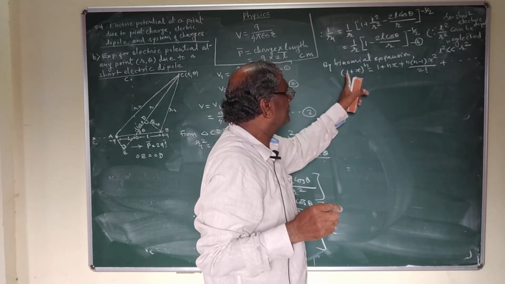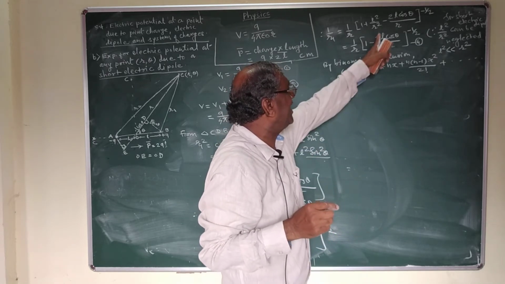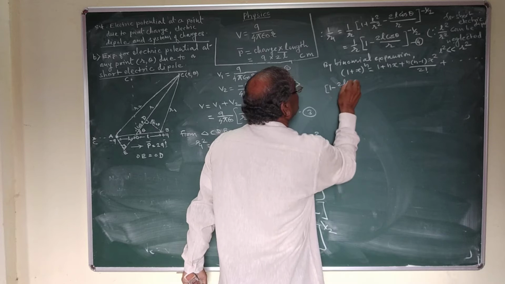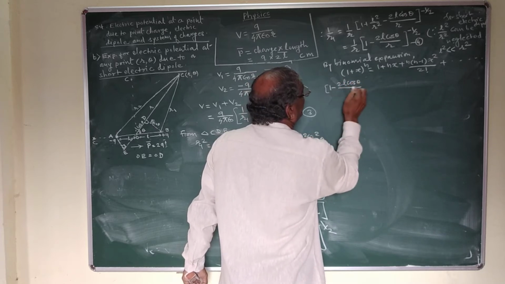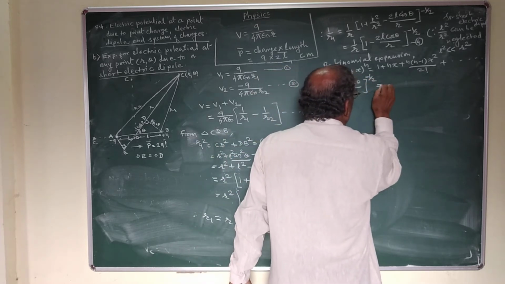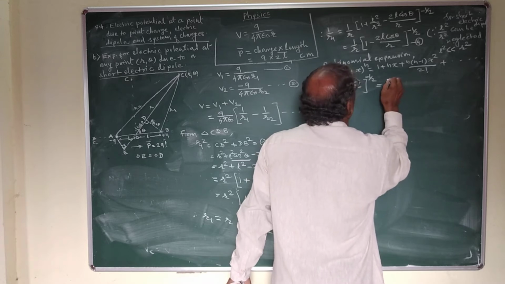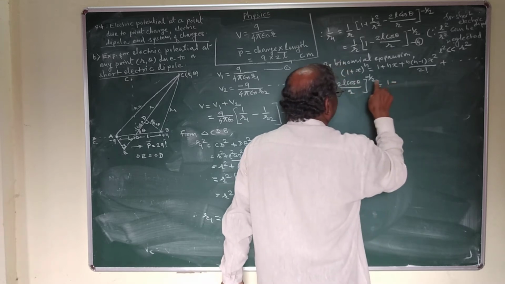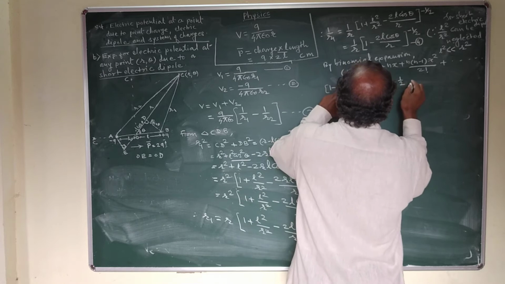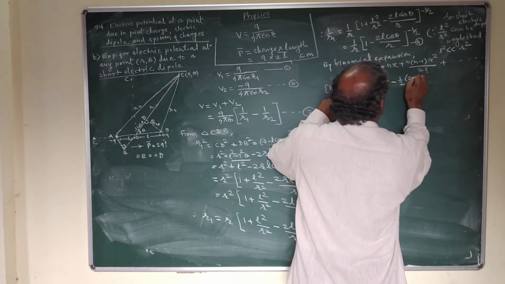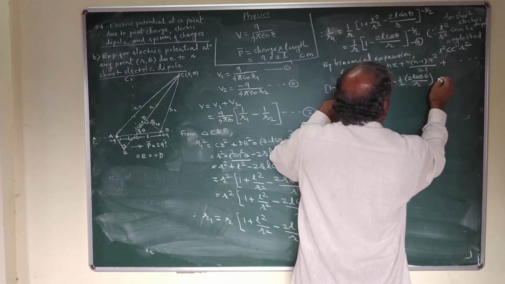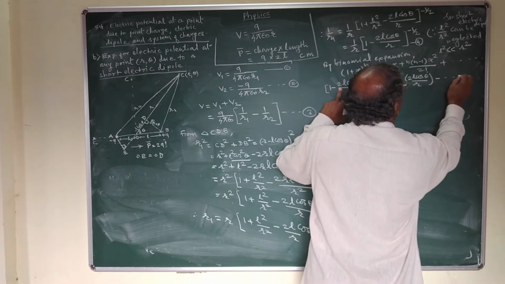So by using the binomial expansion rule, we can find the value of this term. We can write (1 minus 2L cos theta upon R) to the power minus half as 1 minus half into 2L cos theta upon R, and so on.